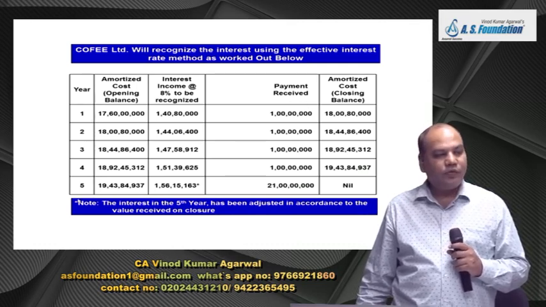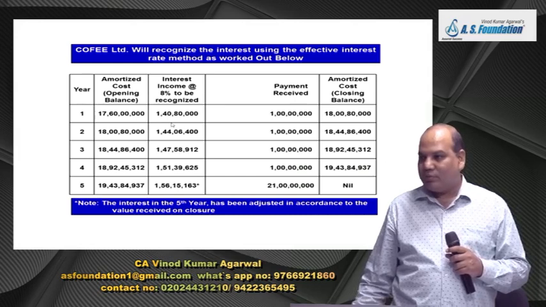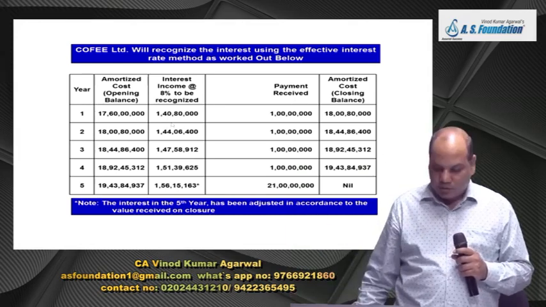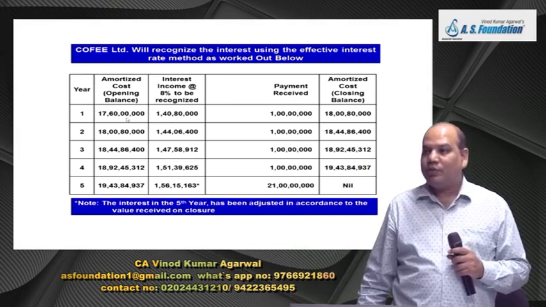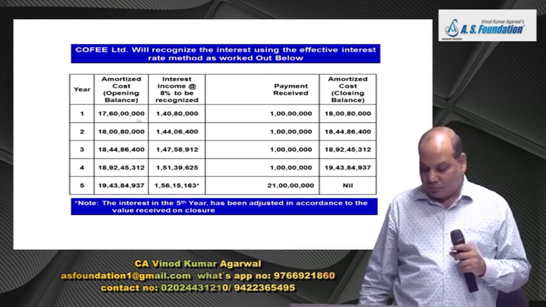Years 1, 2, 3, 4, 5. If you want to write in crores, lakhs, or million, you manage yourself. The starting point will be 17.60 crore, that you keep in mind, not 20 crore.